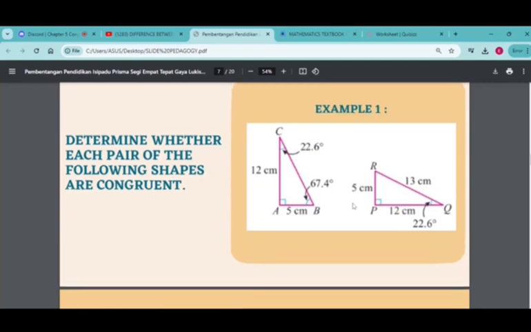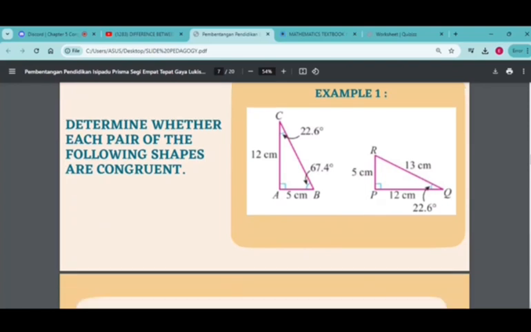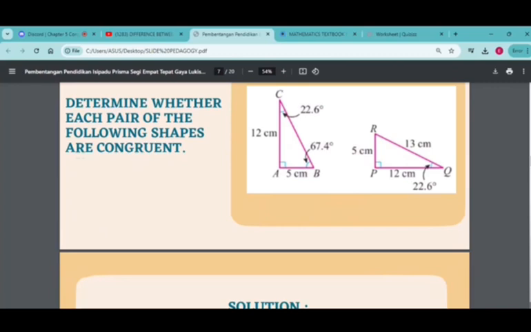Next, what can you see in the pictures? Dia sama panjang. Okay, sama panjang. Let's proceed to the solution for example 1.